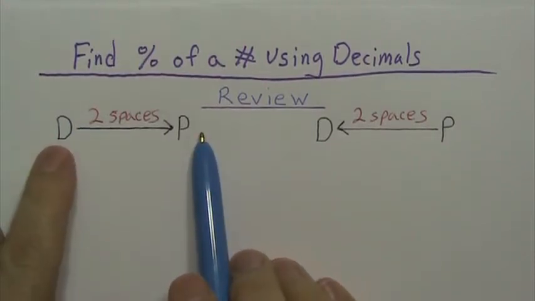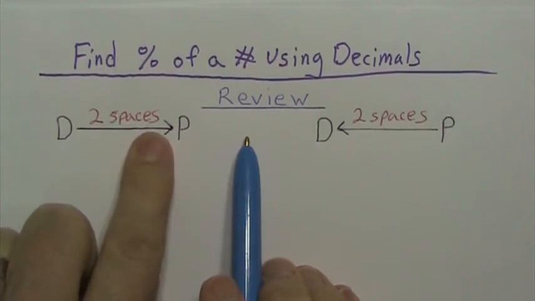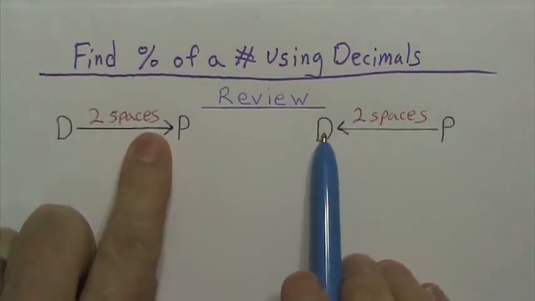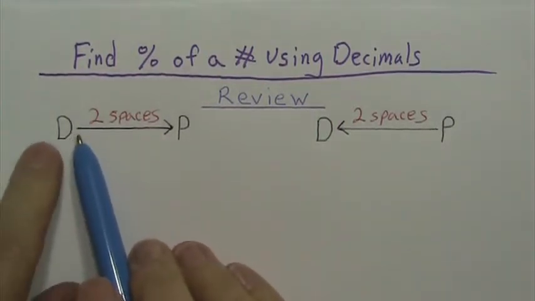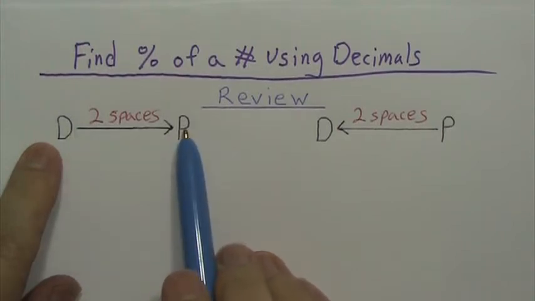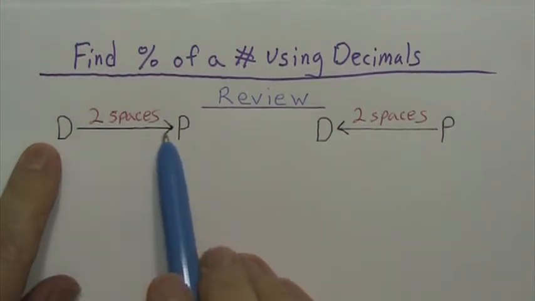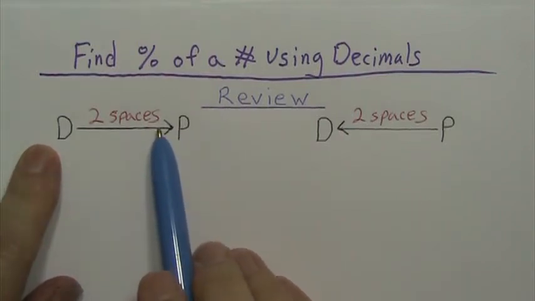So I have a D and a letter P, and I have the word two spaces. Notice we have an arrow, so if I want to go from D, decimal, to P, percent, I have to move the decimal two spaces.